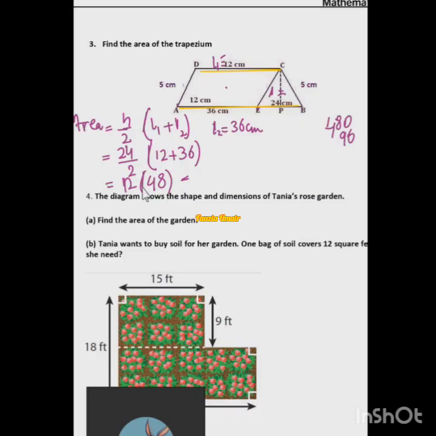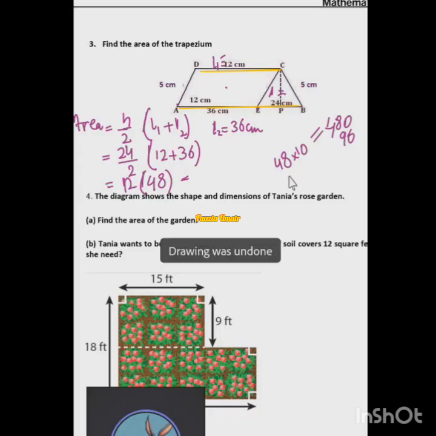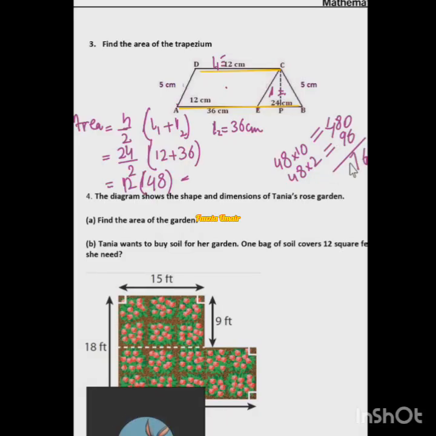Instead of multiplying 12 with 48, multiply 48 with 10 and then multiply 48 with 2. 48 multiplied by 10 is equal to 480. And 48 multiplied by 2 is equal to 96. So now you can just add them. So it would be 576. The area is 576, so the unit would be centimeter square.